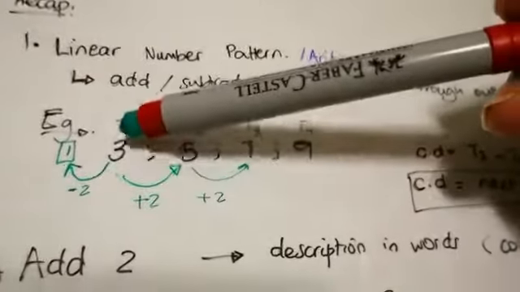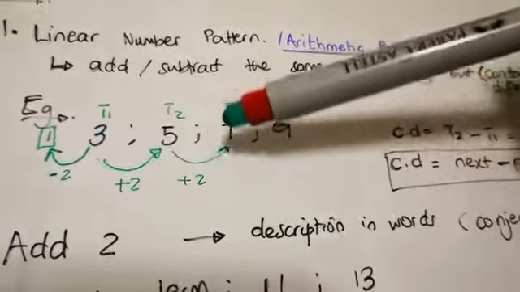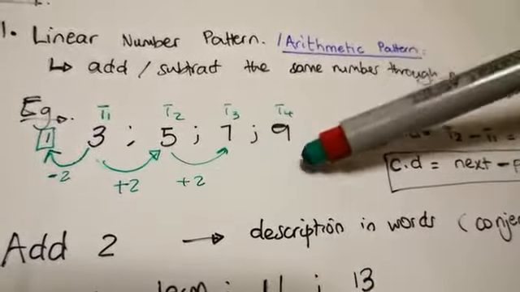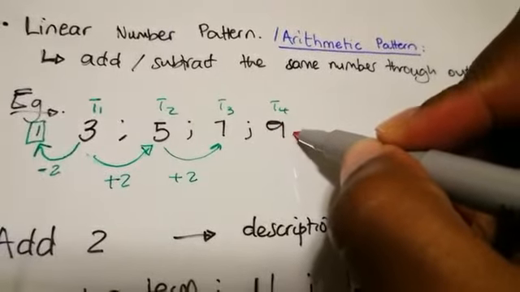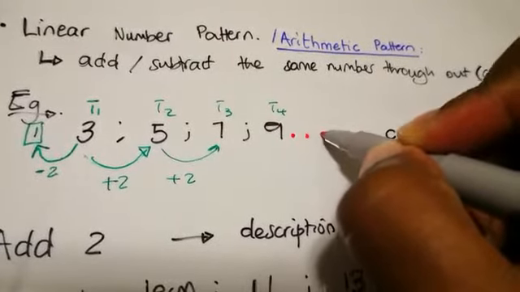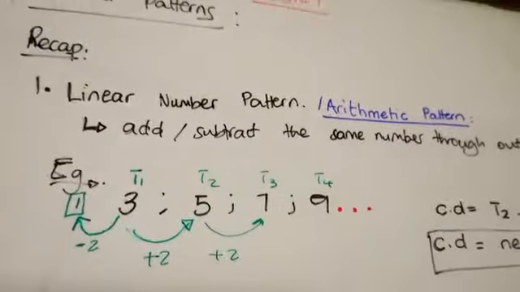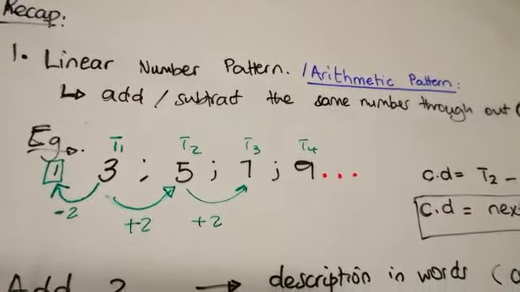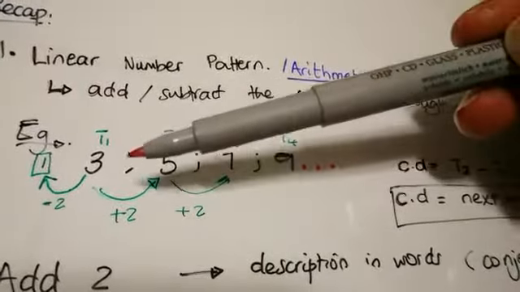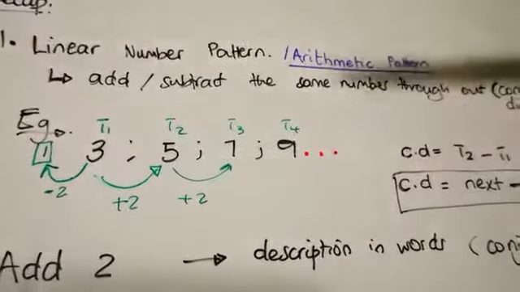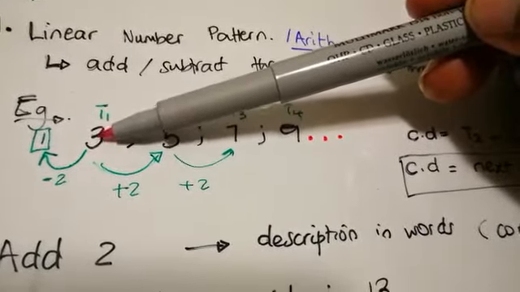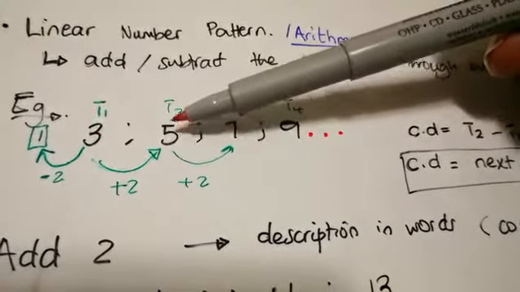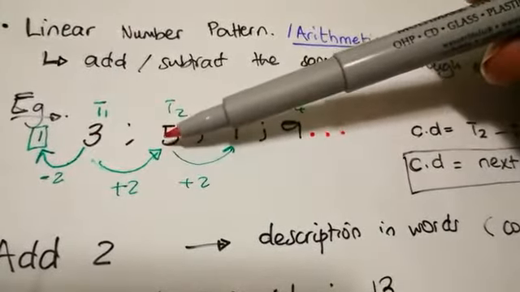I've got a number pattern here which is 3, 5, 7, 9, and it carries on. Carrying on we indicate by 3 dots like that. We want to look at the relationship here, if it is linear. If I move from 3 to 5, I have to add 2.